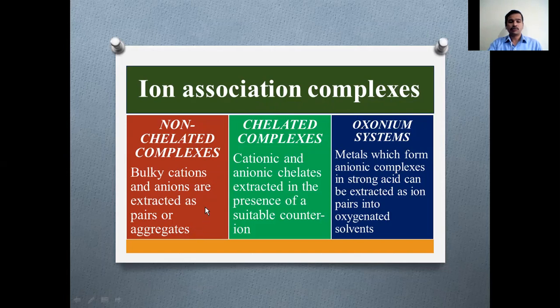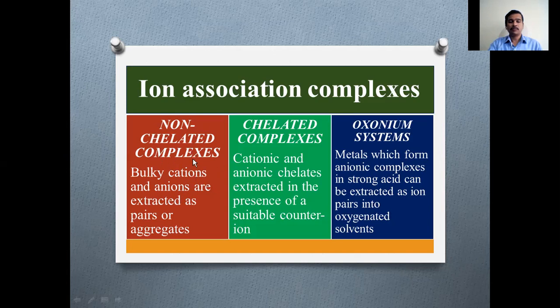The ionic aggregates combine between bulky cations and anions, and their aqueous solubility declines once they form an ionic aggregate. Therefore, their solubility in the organic layer increases. For example, the tetraphenylarsonium cation can be reacted with permanganate, and that can be extracted into the organic layer.